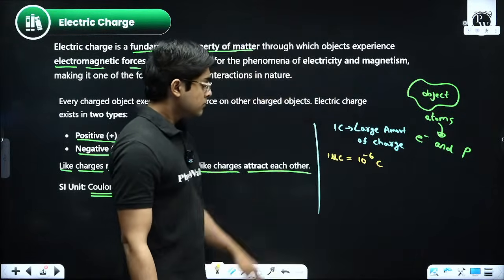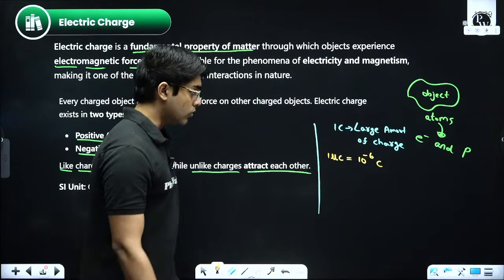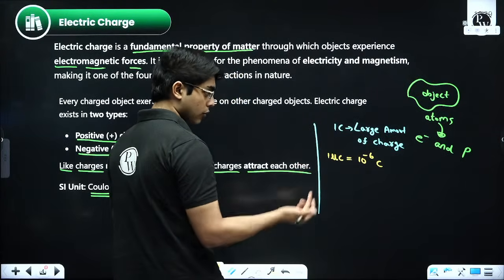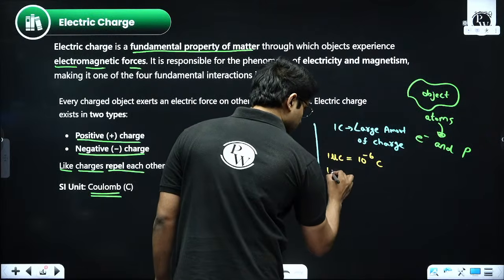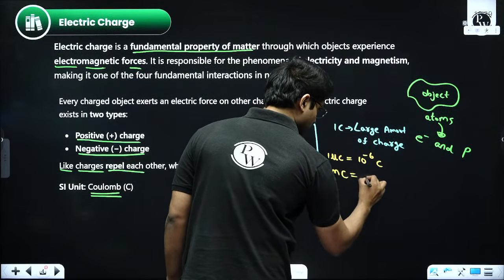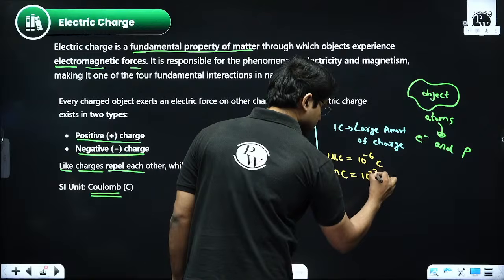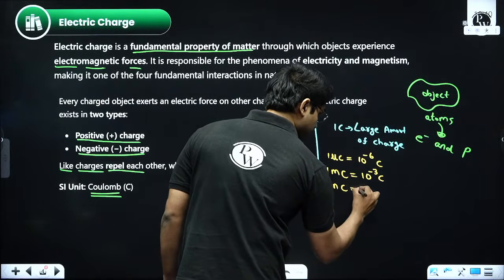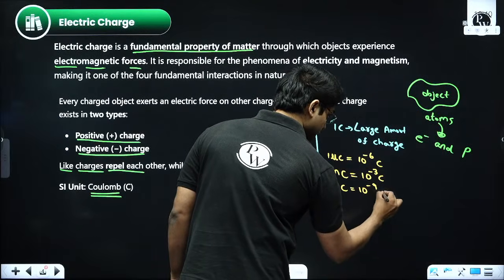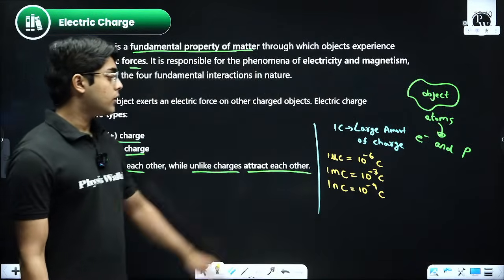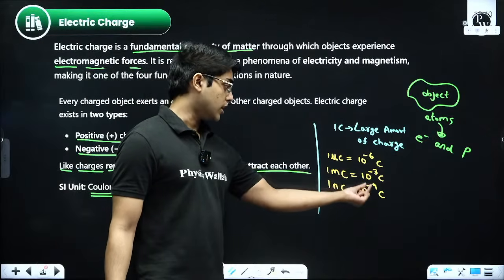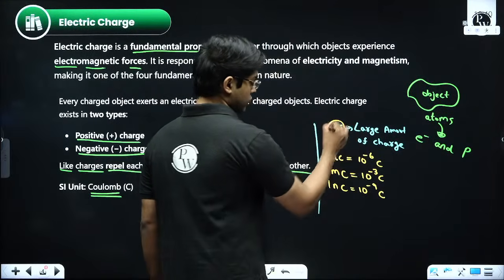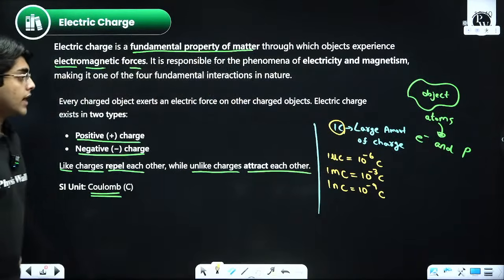Sometimes we will come across millicoulomb amounts of charge, which means 10 raised to minus 3 coulomb, and nanocoulomb stands for 10 raised to minus 9 coulomb. We will only be dealing with such tiny amounts of charge, because 1 coulomb is an extremely large amount of charge. So that is it about charge.